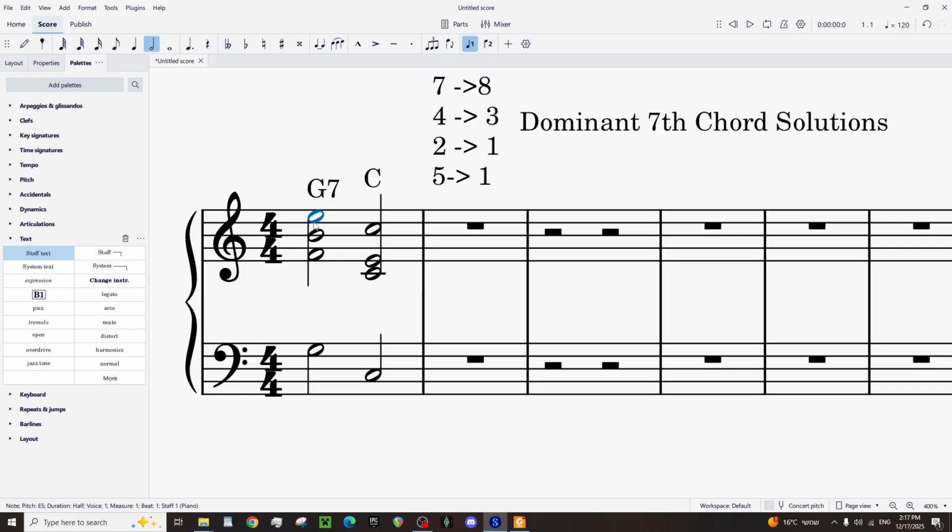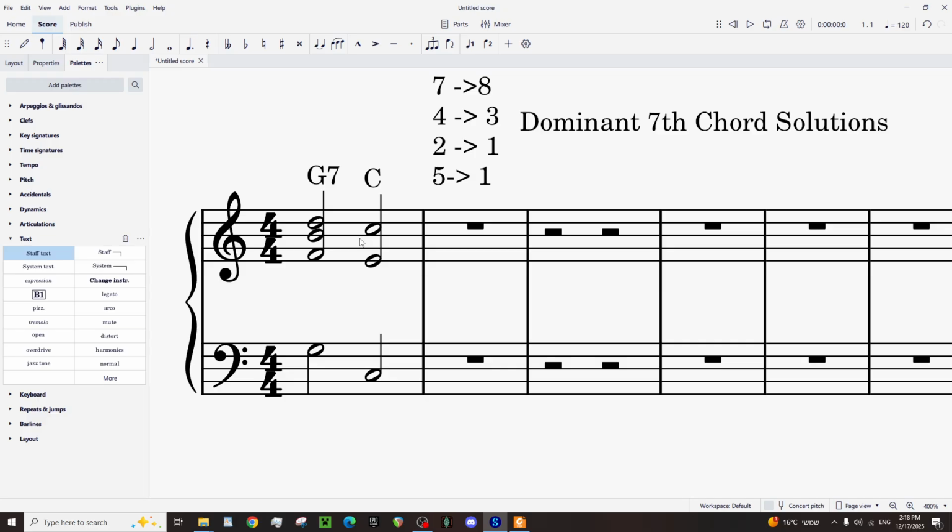Let's take the D up here. In this case, we'll have a missing solution, because the G would go down to C, the F would go down to E, the D would go down to C, and the B would go up to C. So that's a missing solution.